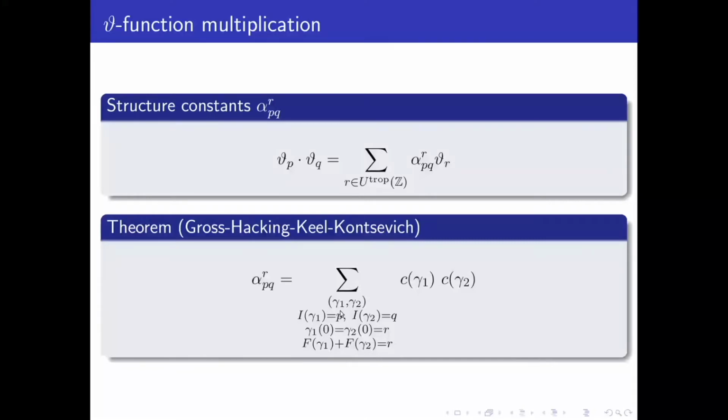So first, gamma 1 is going to correspond to p, gamma 2 is going to correspond to q, and the correspondence is this way. So gamma 1 will have some unbounded domain of linearity corresponding to the direction it comes in from infinity.